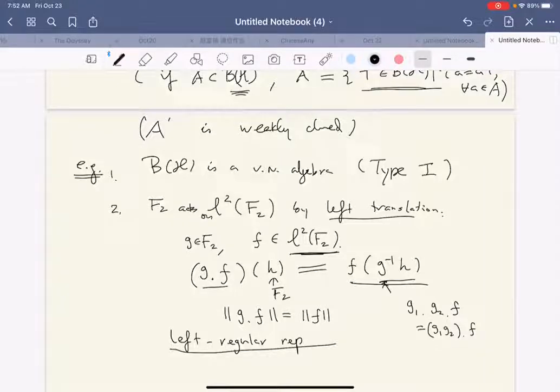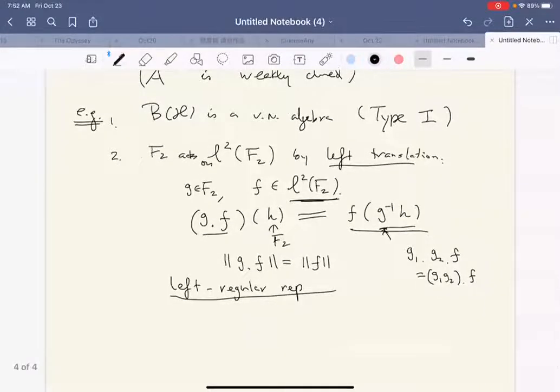So why is this representation interesting? Even in finite dimensional cases, this is an interesting representation. Starting with a group, you can produce a group action by acting on the left. So this is an infinite dimensional version of that. And this is a unitary representation because it preserves the norm. Now I'm going to produce a von Neumann algebra out of this. I will introduce a piece of notation.